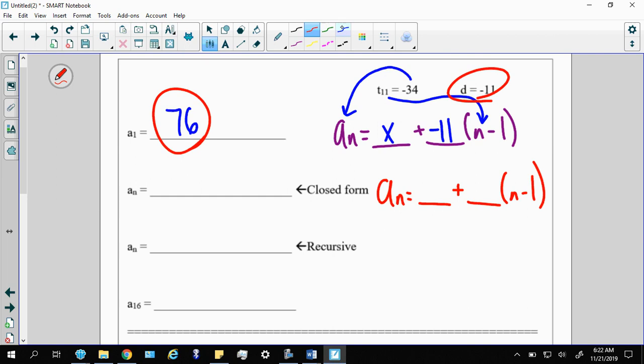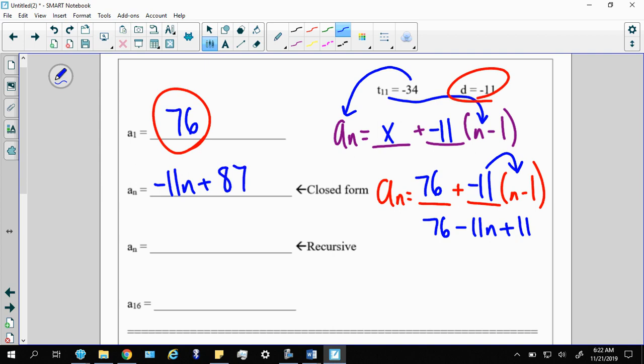I already know my first term is 76, and my common difference was given to me, negative 11. So from here, basic algebra, 76 minus 11n plus 11, my answer is going to be negative 11n plus 87.